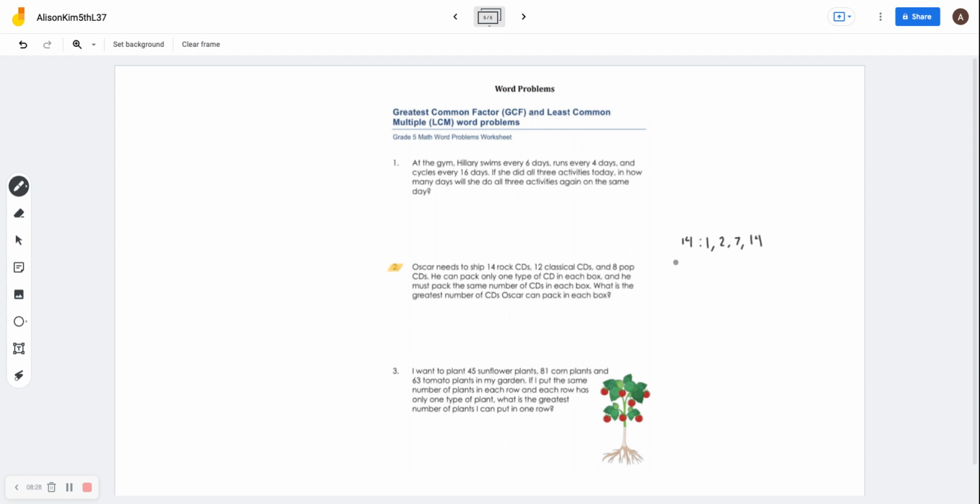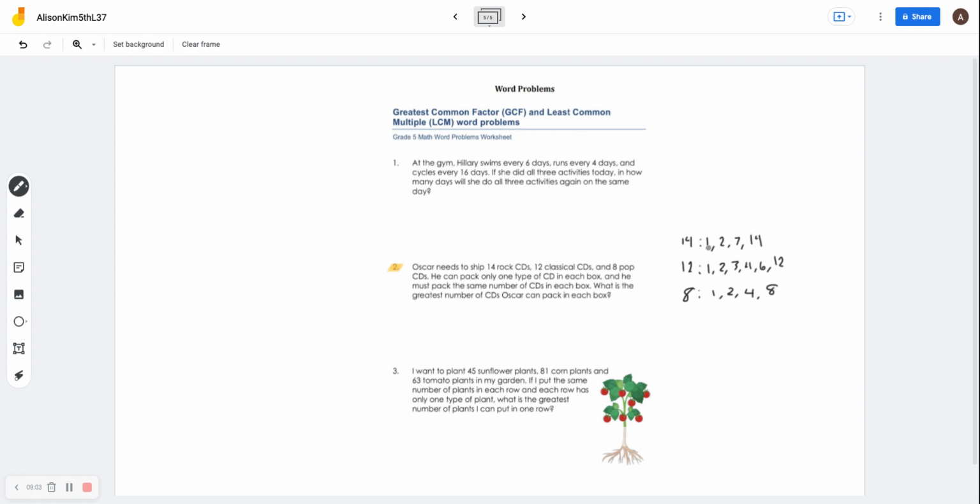So let's move on to 12. 1 times 12, 2 times 6, 3 times 4, and that seems to be it, because 4 can go into it, 5 cannot, 6 can, 7 cannot, 8 cannot, 9 cannot. So yeah, these are the only ones. Let's try 8. 1 times 8 and 2 times 4. And that seems to be it.